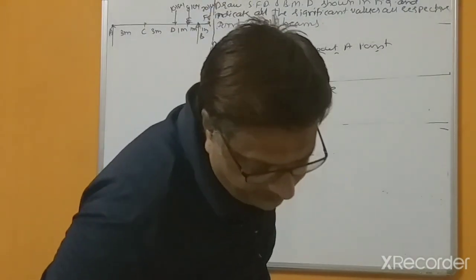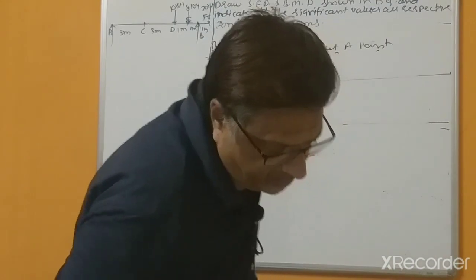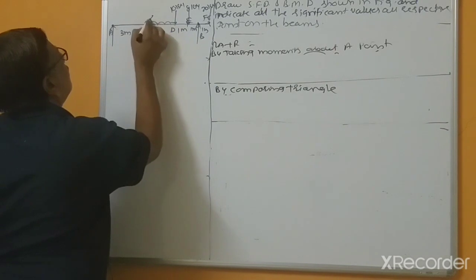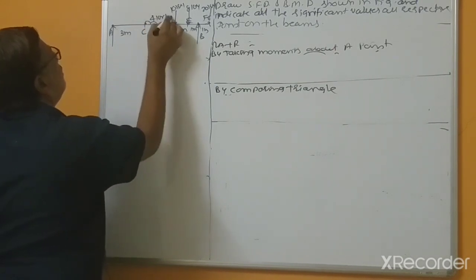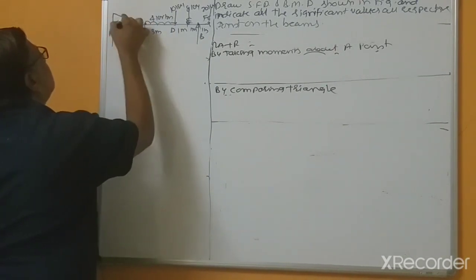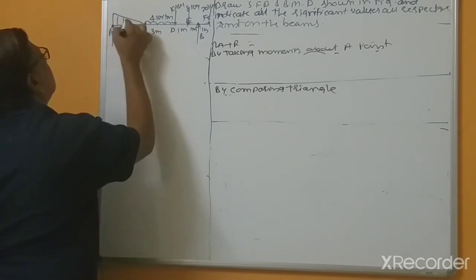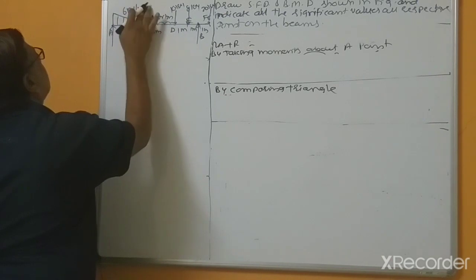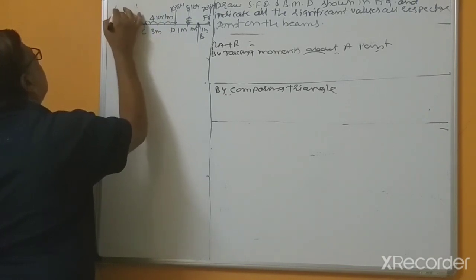Uniform distributed load 4 kilonewton per meter, and this is 6 kilonewton per meter here.